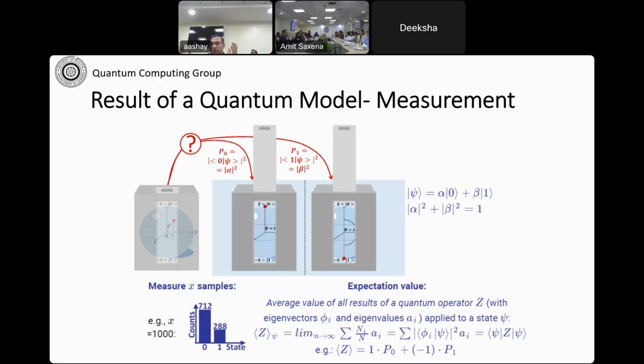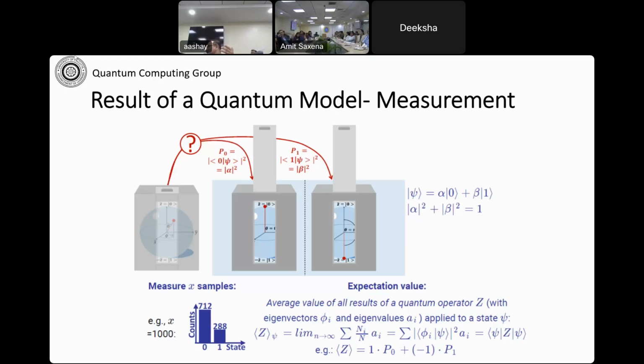To do this, you need to take a state psi, and there is the average value result of a quantum operator. So this is bra psi, Z, ket psi.